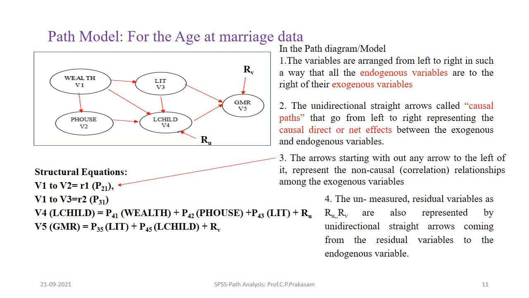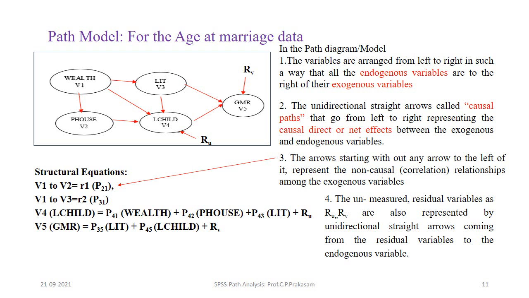Therefore, V1 to V3, V1 to V2, V1 to V4 and V2 to V4, V4 to V5 and V3 to V5 are the derived path coefficients. That is called the causal path, and the causal direction will be between exogenous and endogenous variables. Then we have to make a structural equation on the basis of the path model.